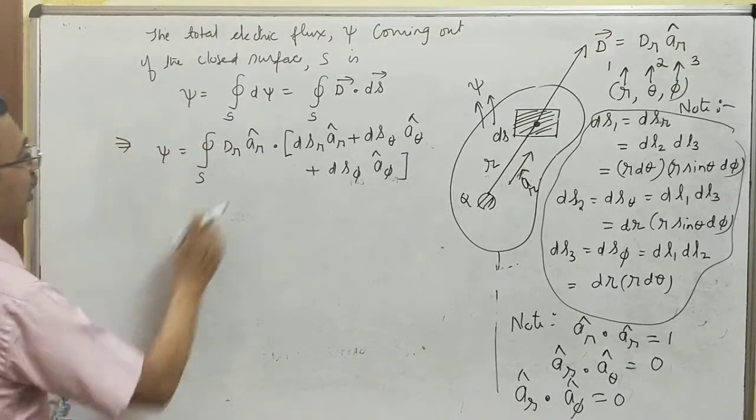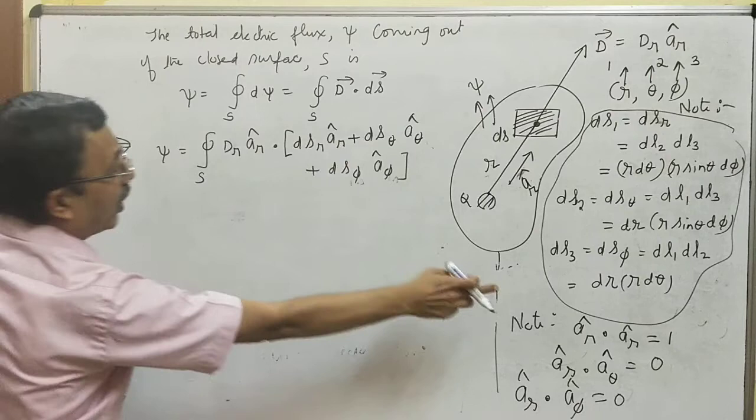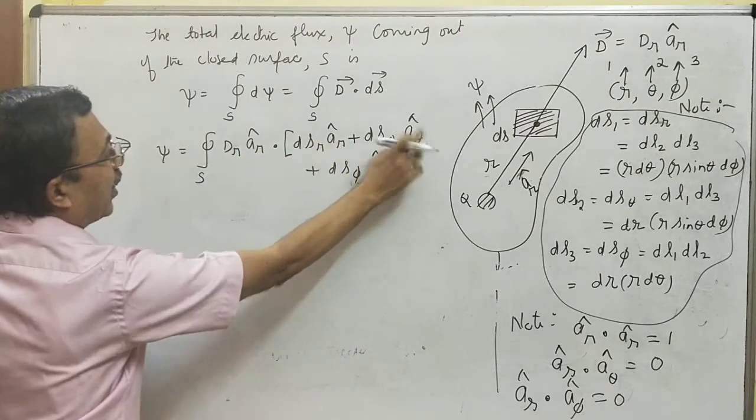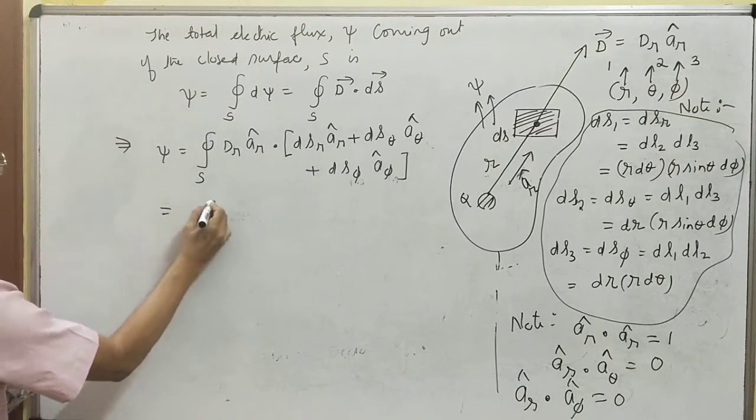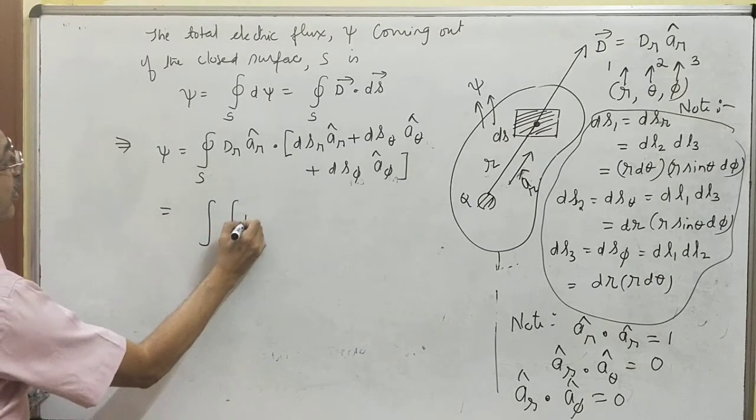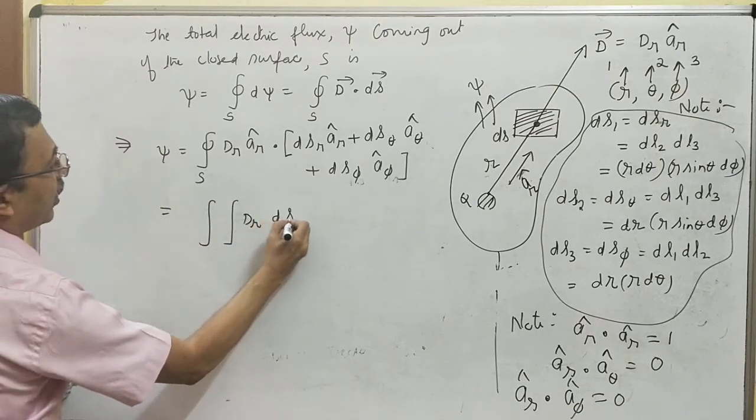Now apply the dot product. Ar cap dot ar cap is 1. Ar cap dot a theta cap is 0. Ar cap dot a phi cap is 0. Therefore, this becomes double integral Dr into dSr.